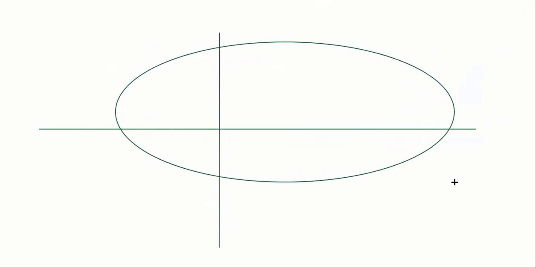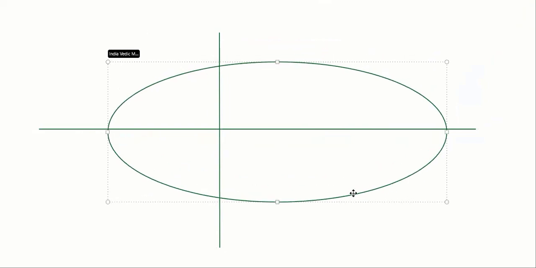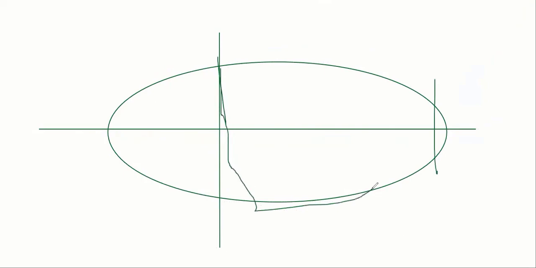Another example. Suppose this curve is an ellipse. It's an ellipse, right? Now, we know the equation of an ellipse. If I write the function and integrate between this and this, you will get the area.